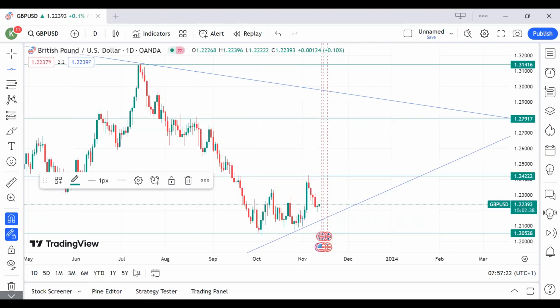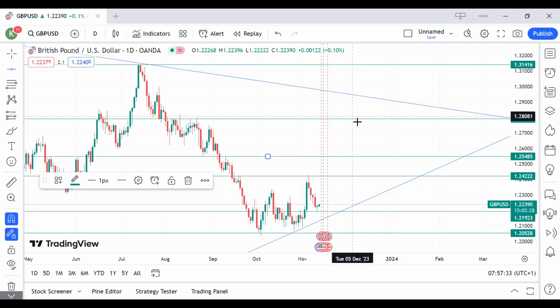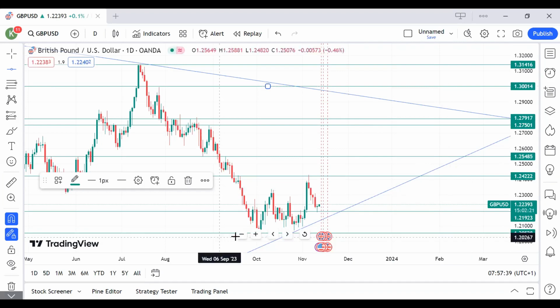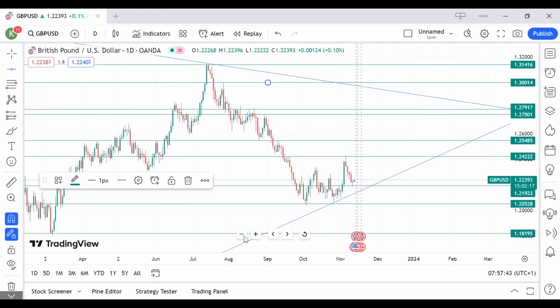Go straight to 24 hours. On the 24 hour, we're just going to mark a few places that are not yet identified. This one. We're going to zoom in so we can see more.